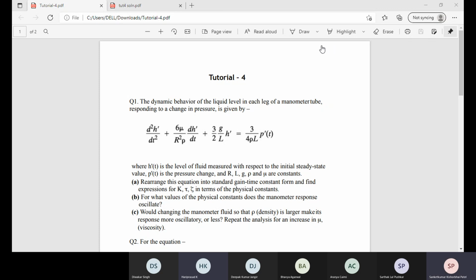The question says you are given an ODE, second order of course, and so the first part is asking you to arrange it into the standard second order transfer function and find the values for the gain, time constant, and zeta.